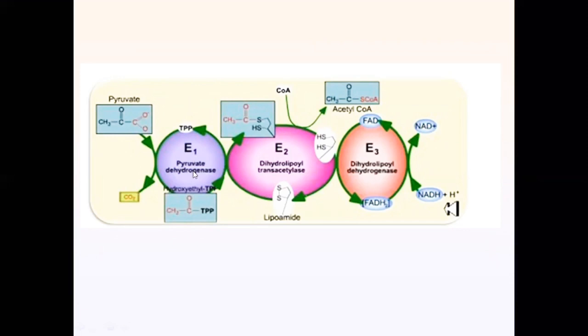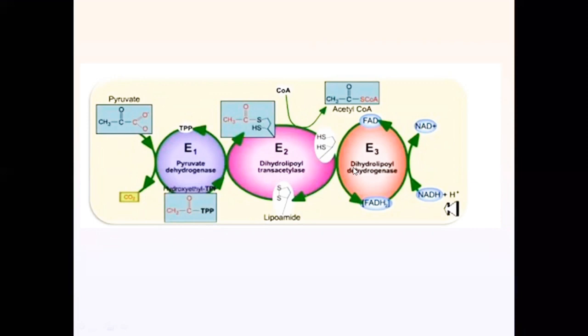E1 is known as Pyruvate Dehydrogenase. As the name indicates, there will be dehydrogenation reactions. Basically, in this step, the decarboxylation takes place, where the carboxyl group is removed in the form of carbon dioxide, as I told you. That's E1, the pyruvate dehydrogenase. E2 is known as dihydrolipoyl transacetylase. It means that there will be the transfer of the acetyl group, as the name indicates.